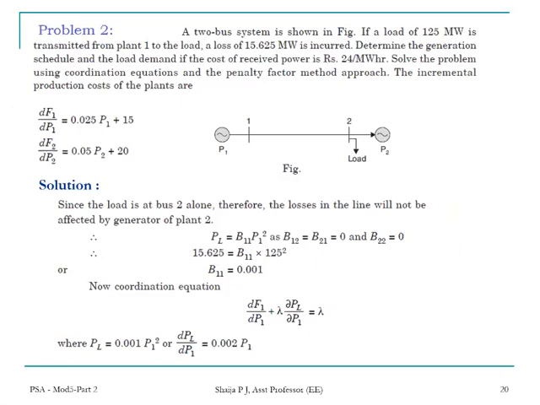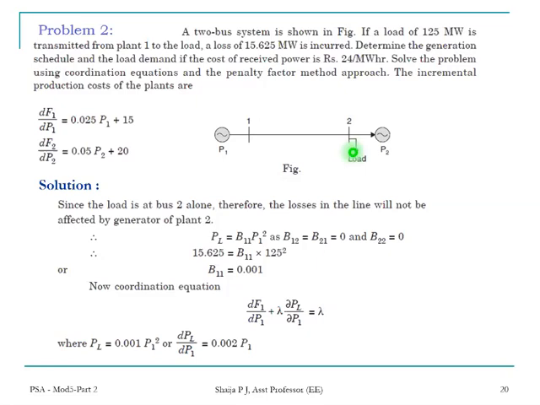How will you solve this? In the problem statement, it is given that the load is 125 megawatt, which is transmitted, and in the diagram it is seen that the load is at bus 2 alone. There is no load connected to bus 1. So therefore, the losses in the line will not be affected by the generation of P2.